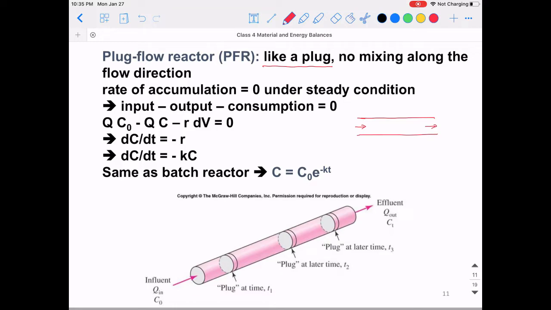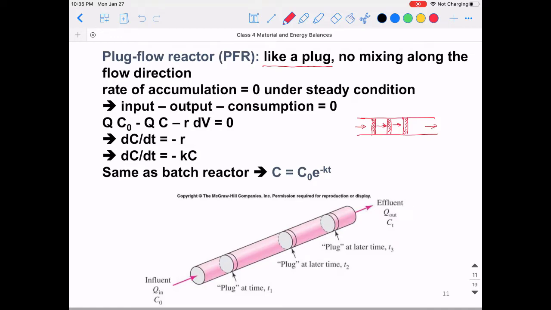While the flow is transporting, you can imagine tiny slices, and these slices just move due to the velocity of the flow in here. And in each of these slices, the reaction will take place.